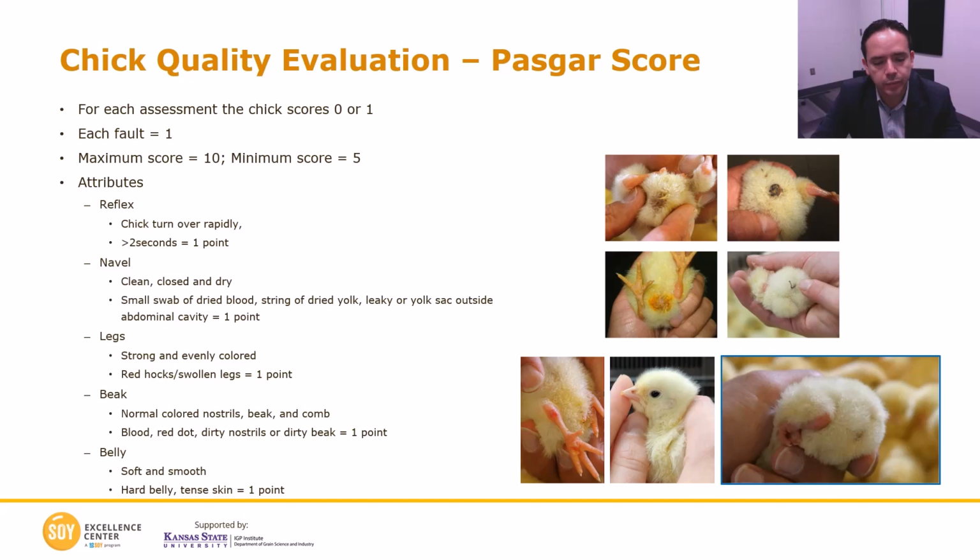And remember, 1 point is 1 fault. The beak: normal color of nostril, beak, and comb. Blood, a red dot, dirty nostril, or dirty beak, then that chick gets 1 point. And then the belly needs to be soft and smooth. If the belly is hard and has tense skin, then that's 1 point.